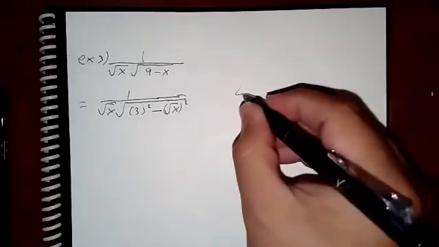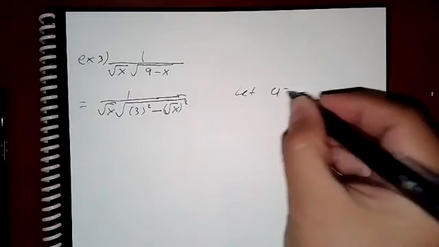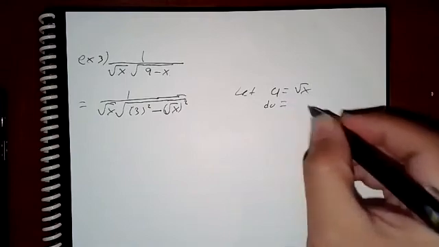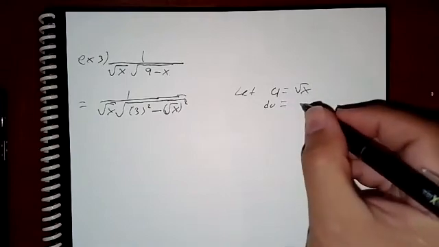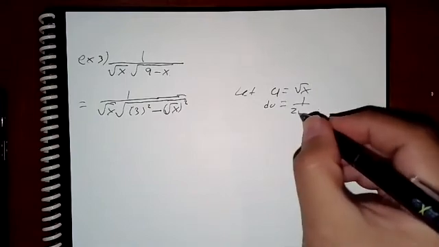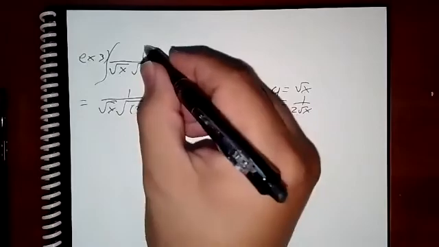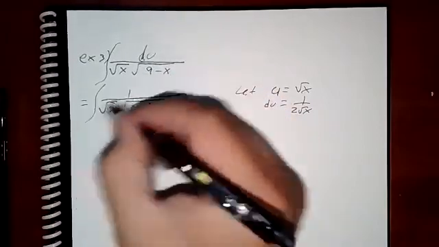So let u equal square root x. du would be, I take the derivative of this guy, 1 over 2 square root x. Should have an integral here. Sorry, I'm getting really messy today.